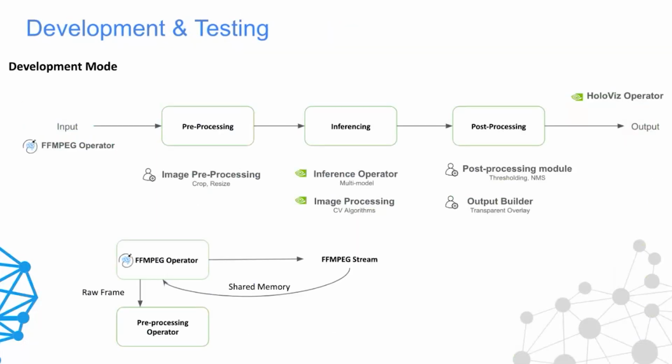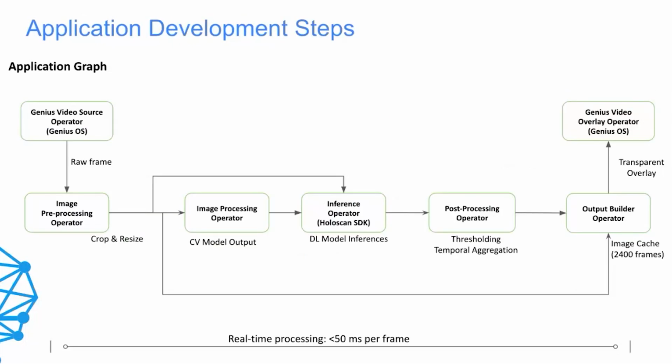Once we have designed all the operators, now we are going to define all the interactions between these operators, so the flow of the directed acyclic graph. Over here, the video Genius source operator provides the raw frame to the pre-processing operator. The processed image is then transmitted to the inference layer as well as the output builder for caching the image.